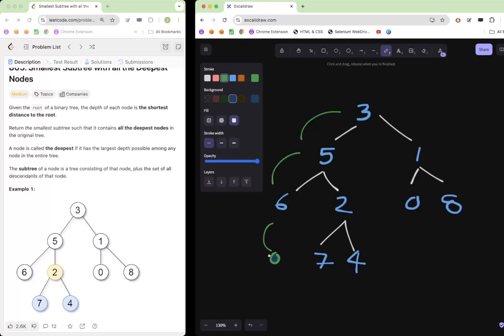If it's here, it's 0 plus 1. This is level 1, this is level 2, root is at level 3, like that. And as for the actual node, we'll do that by returning the node, which is deeper. And this will make more sense once we go over the approach.